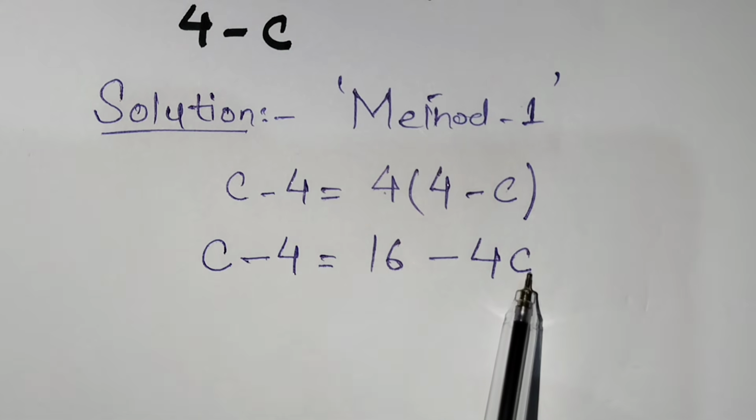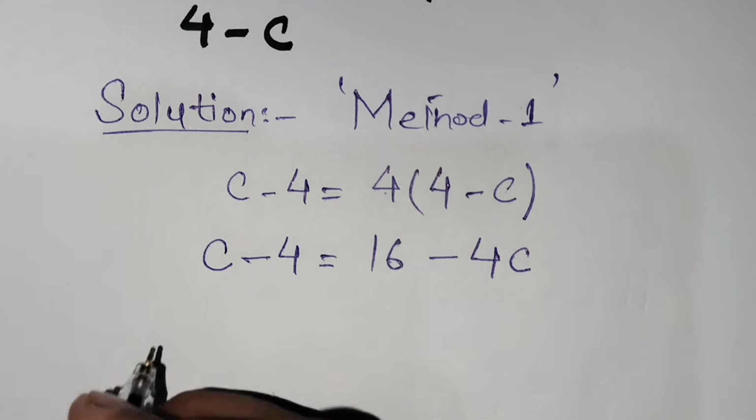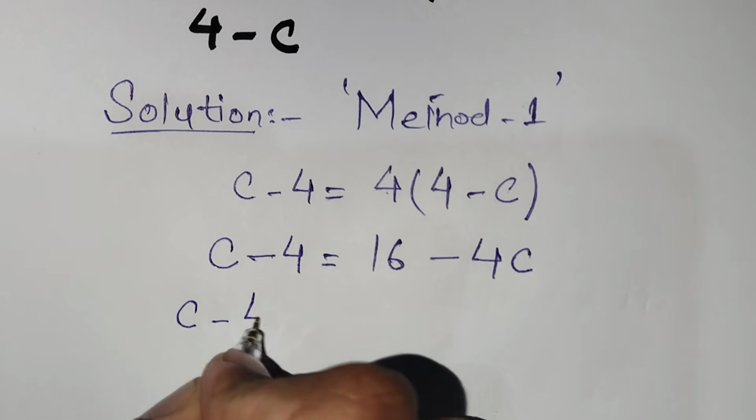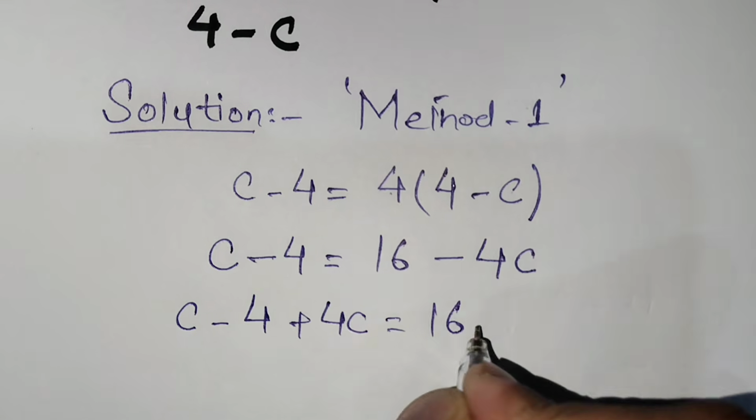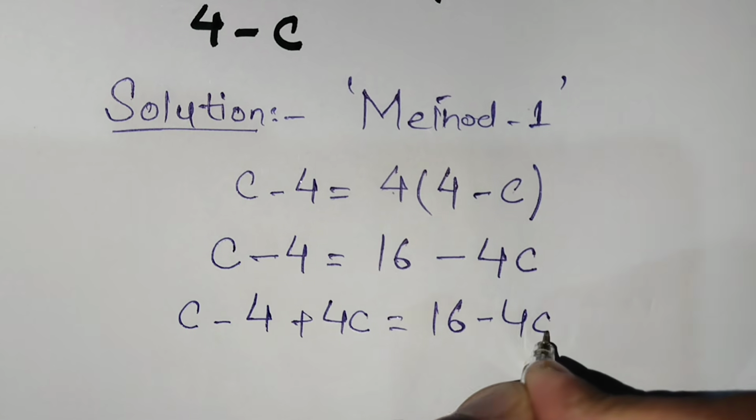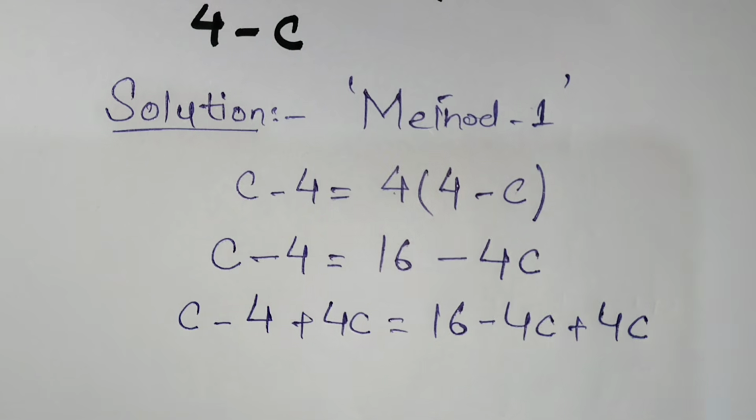This is minus 4c. Add 4c on both sides of the equation. c minus 4 plus 4c is equal to 16 minus 4c plus 4c.